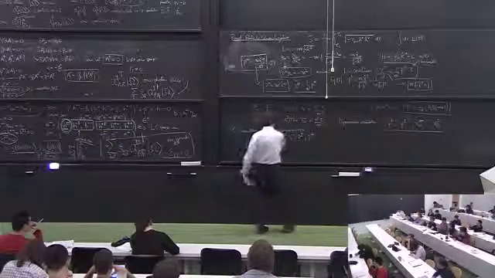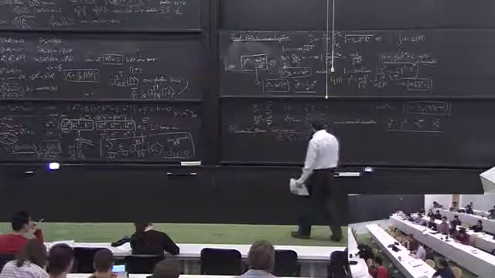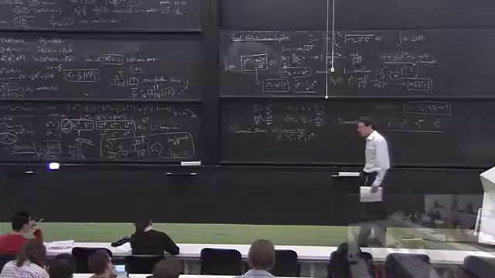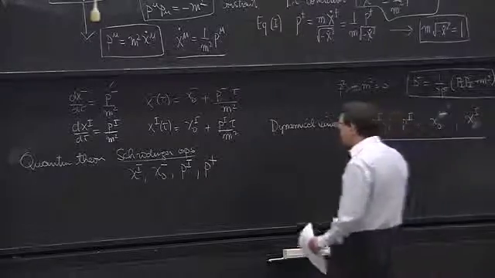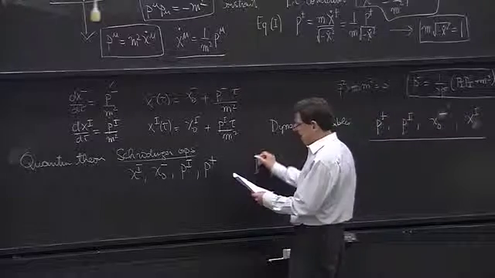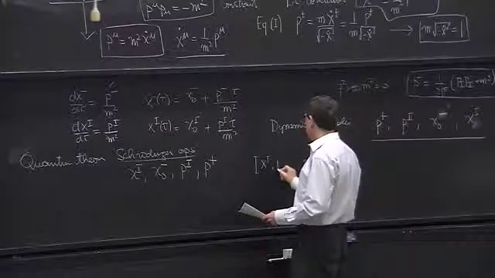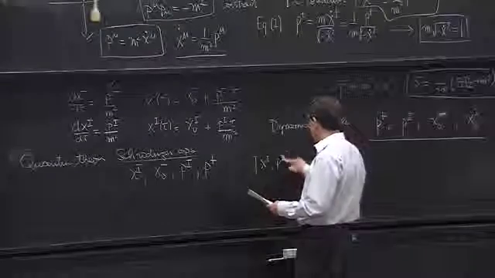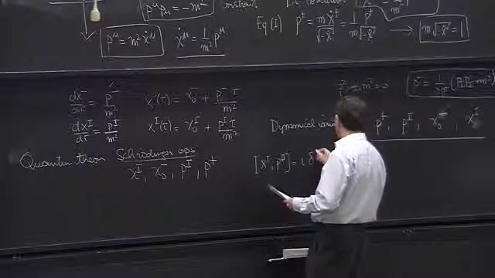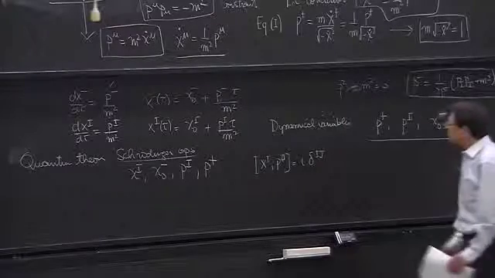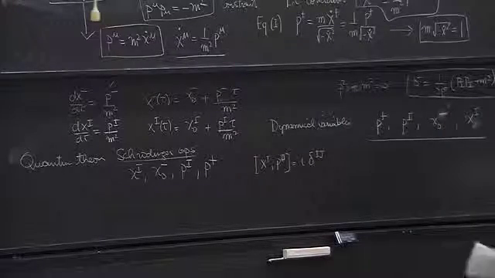We're going to start with these Schrödinger operators, and we need to state commutation relations. Now, it's natural to state that xi with pi, pj, will be i delta ij. Seems pretty reasonable.